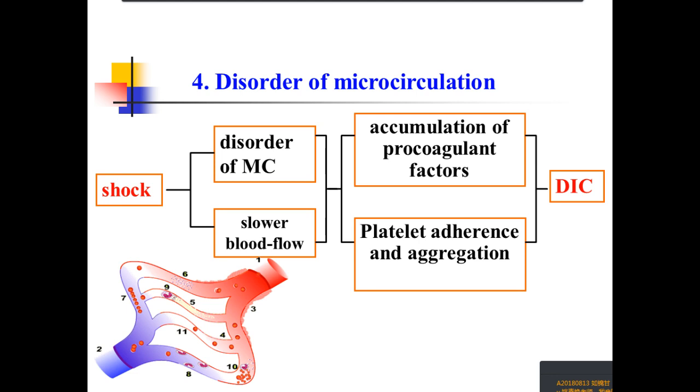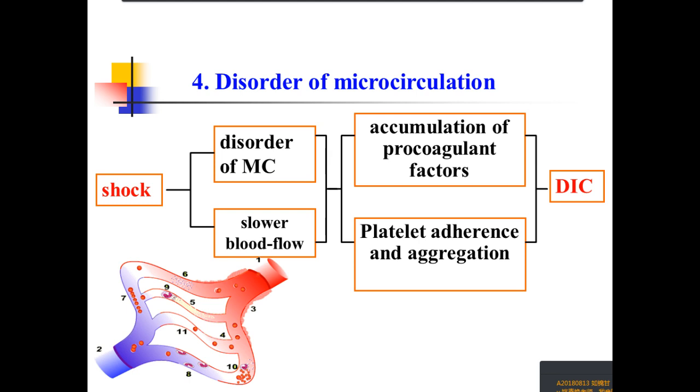Now, disorder of microcirculation. During shock, which is divided into 3 stages: ischemic hypoxia stage, stagnant hypoxia stage, and refractory stage. Now, in which stage does DIC occur? The refractory stage. If infectious shock or traumatic shock, DIC may occur in the early stage.